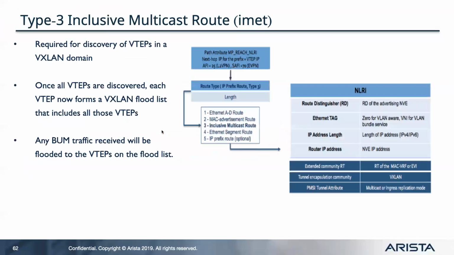Okay, so now let's move to type 3, right? IMET route, inclusive multicast route. This is nothing but to populate our flood list, so that when any BUM traffic comes to the VTEP, it will refer to the flood list to send that traffic, unknown unicast, multicast, or broadcast like ARP request, to all the other VTEPs, right?